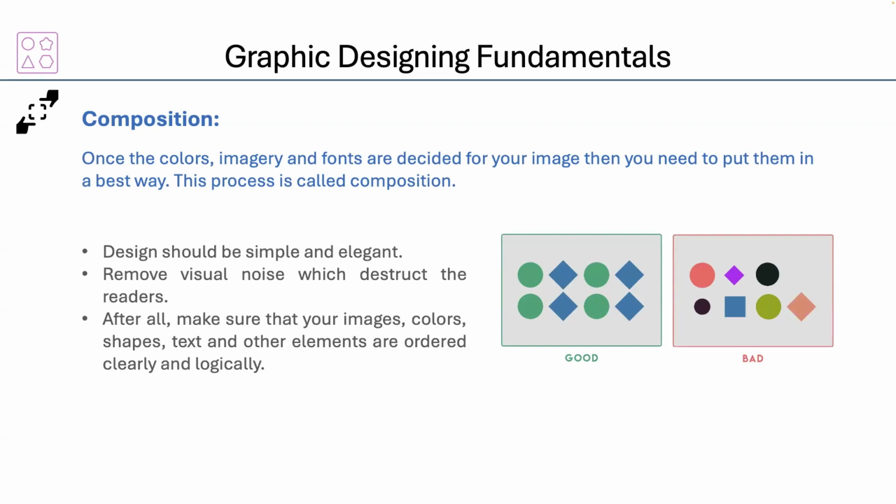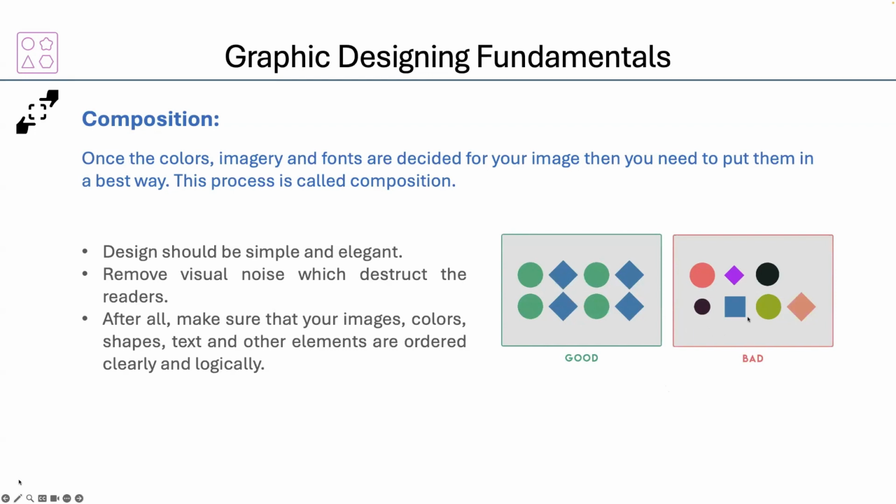For example, on the right side of this slide, you can see we have the same components in this green image. They look very good, and they are organized and aligned.